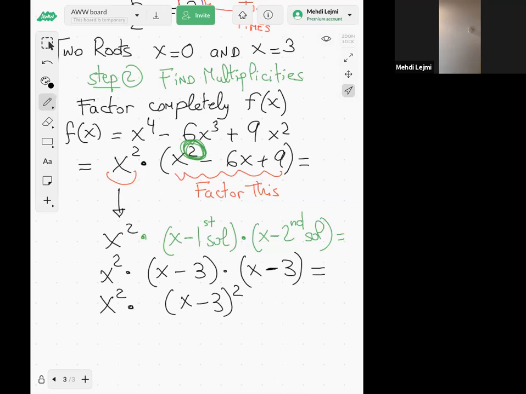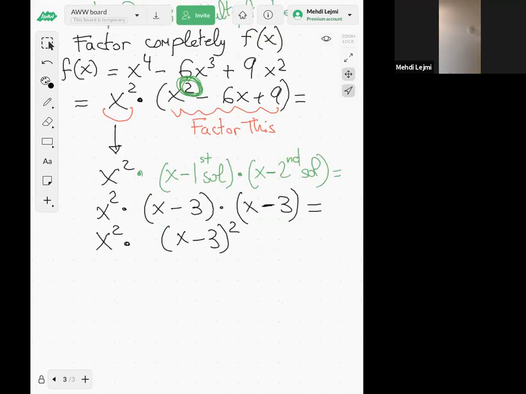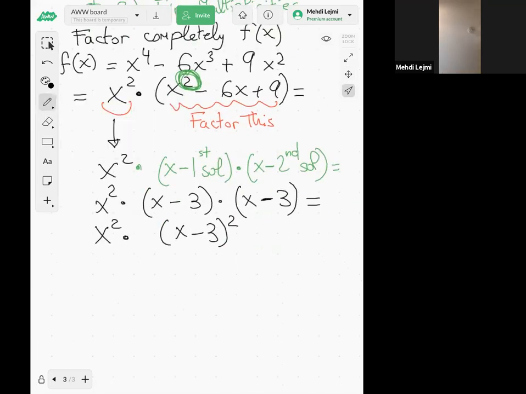Now, the multiplicities. Now I can answer. So the first root is 0.